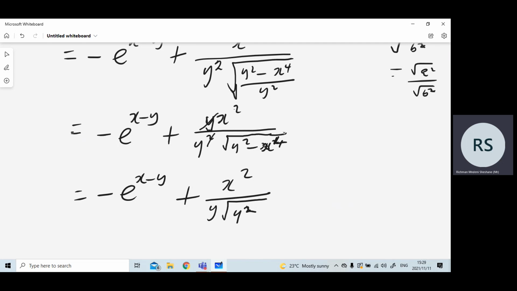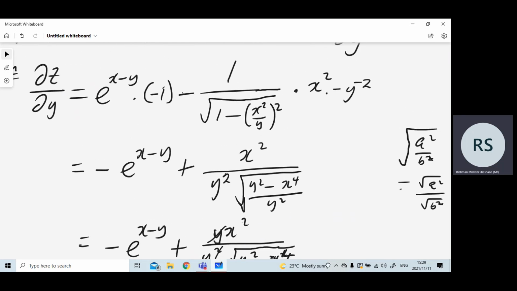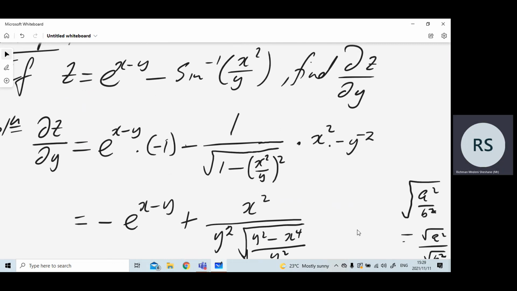X to the power 4 here. Minus x to the power 4 here. Okay. Yeah, this is the final answer. This is the partial derivative of z with respect to y here. Okay, we're deriving this function and then we got our derivatives.